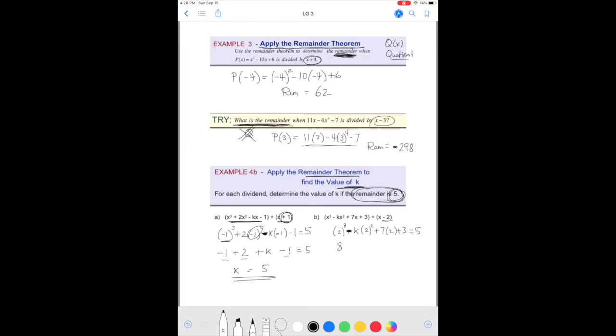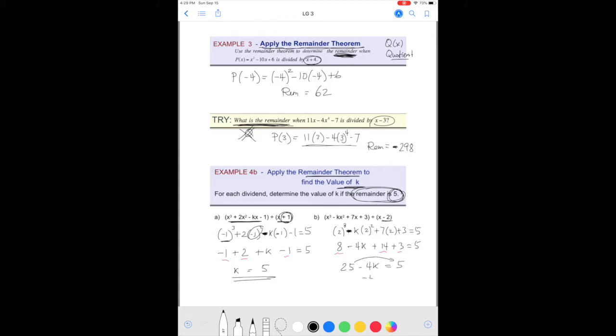And now we have 8 minus 4k plus 14 plus 3 equals 5. Now we have these like terms. So what do we have here? 17, we have 25 minus 4k equals 5.